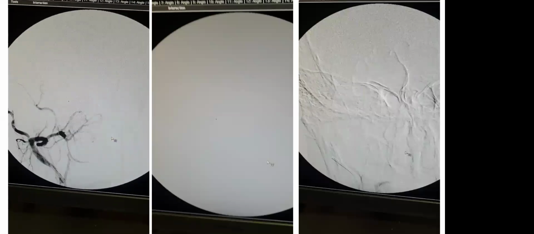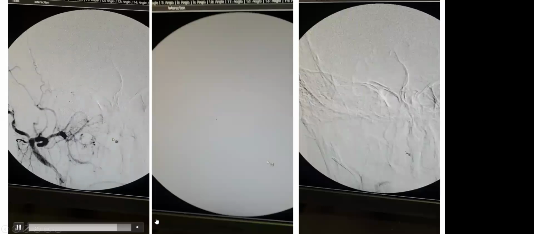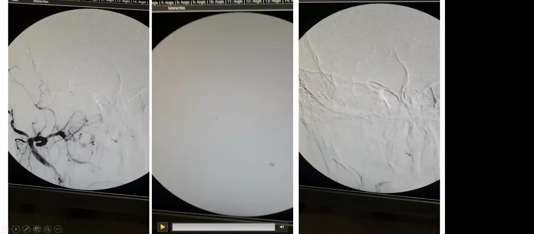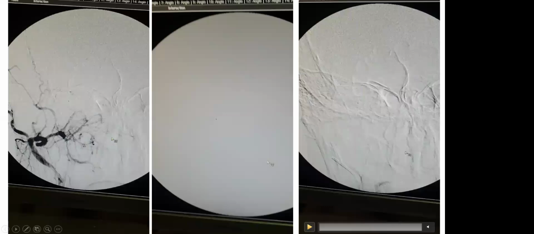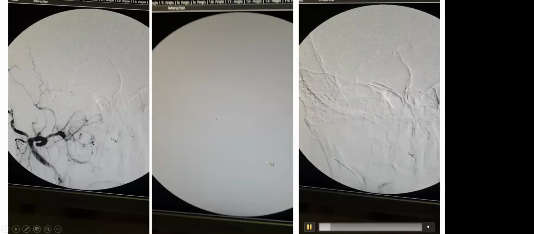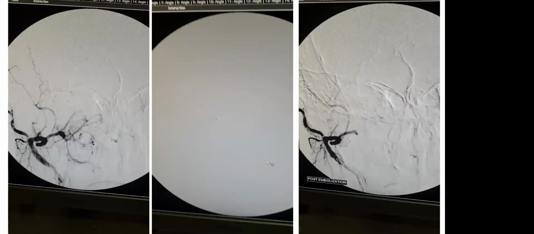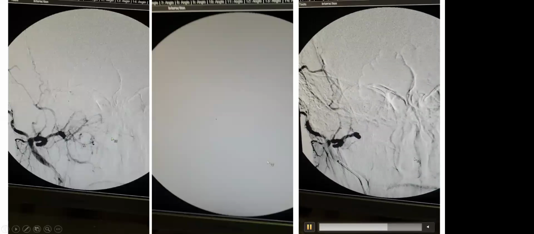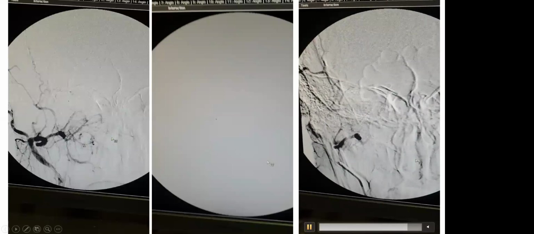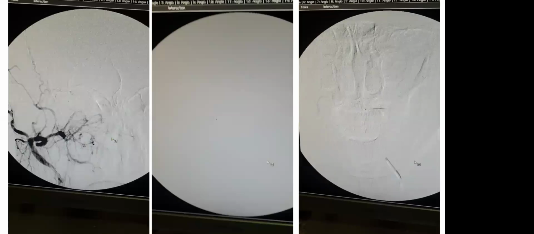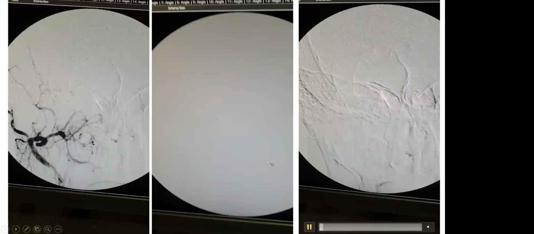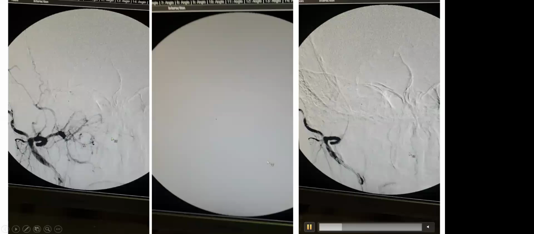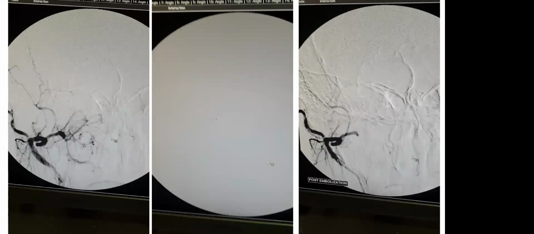And if you go to the last image and play that, this is after giving the particles, what we call the PVA particles, and you see there's absence of that tumor blush. So immediately, right on the table, the patient stopped experiencing the nose bleeding. Next.